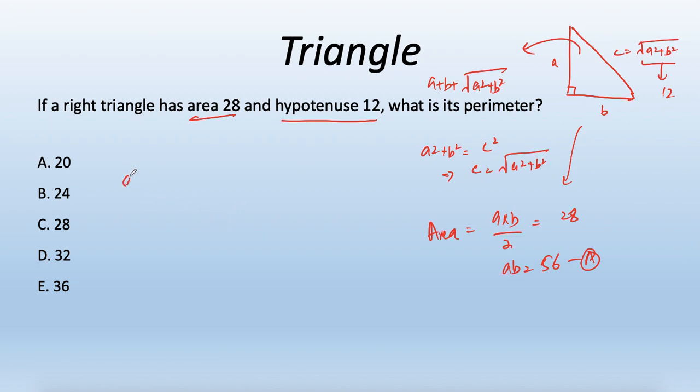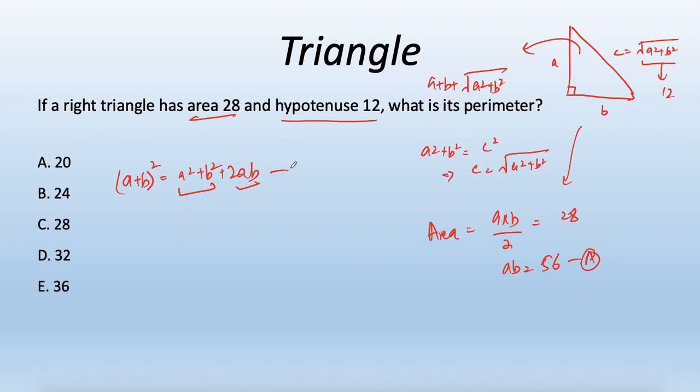Let's see how. We know that A plus B whole square, this is an algebraic formula, is equal to A square plus B square plus 2AB. We have this thing and this thing. We can find this A plus B. So if we substitute A, B and this hypotenuse in this, I can find the value of A plus B square.